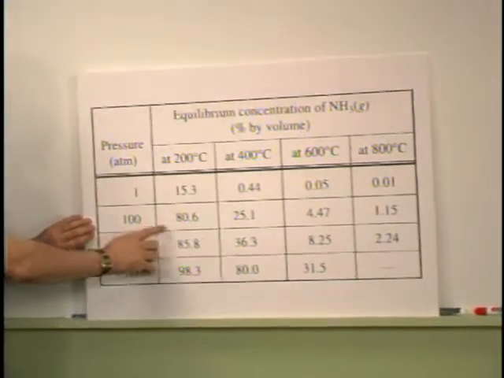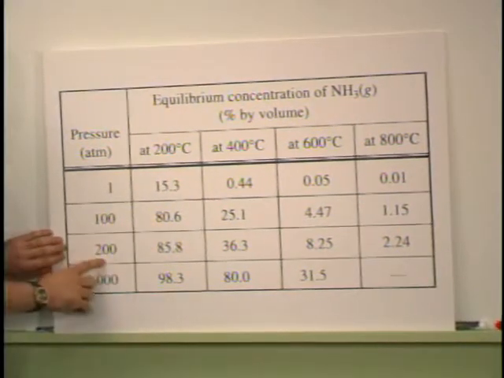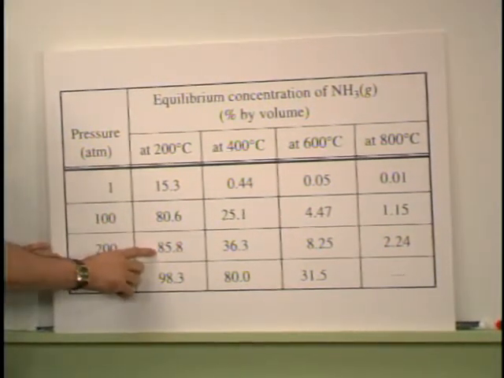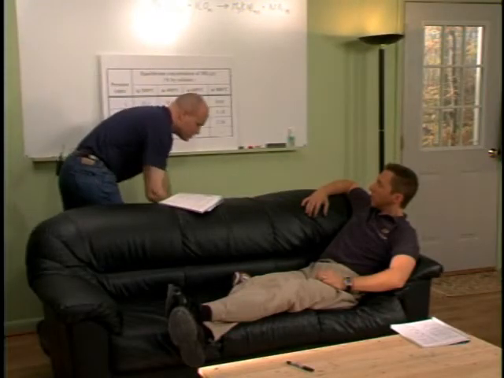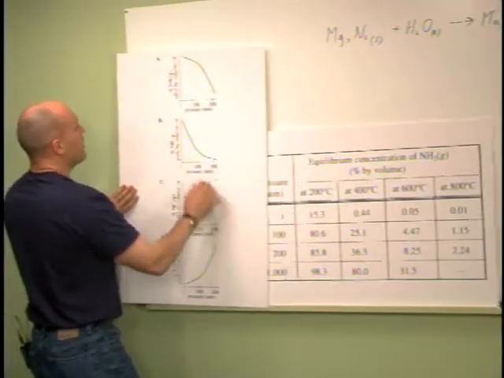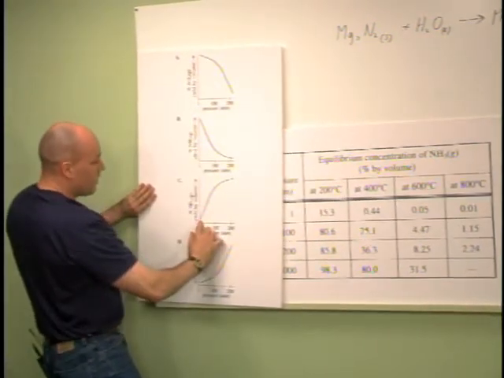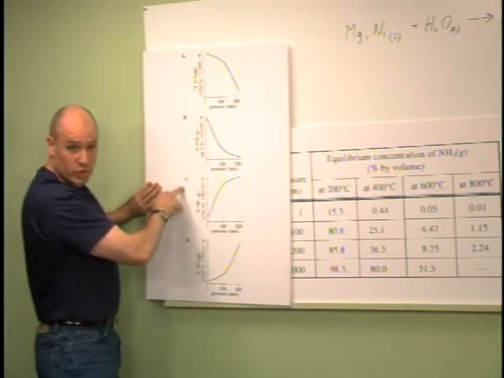At 100 atmospheres, we go up to 80. This is a jump of about 65. And then at 200 atmospheres, we only jump about 5. So what we're going to get is a leveling off in the graph. So let's see if we've got that in our graphs. And here we go. We've got the steep initial climb and then the leveling off. Answer choice C.